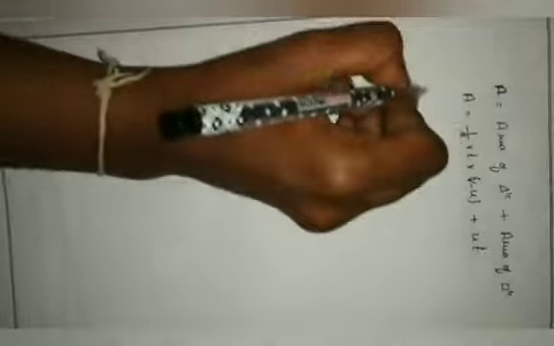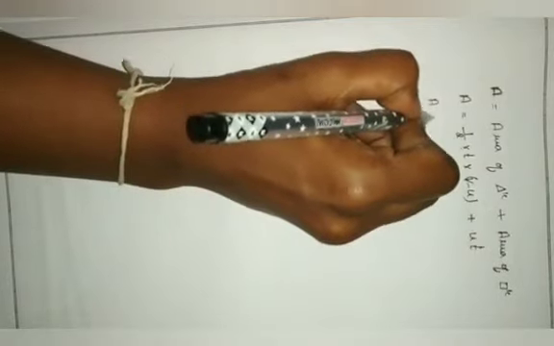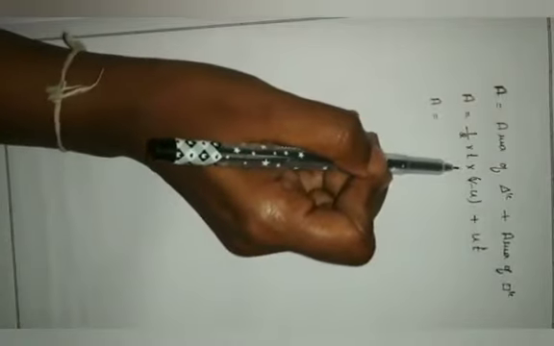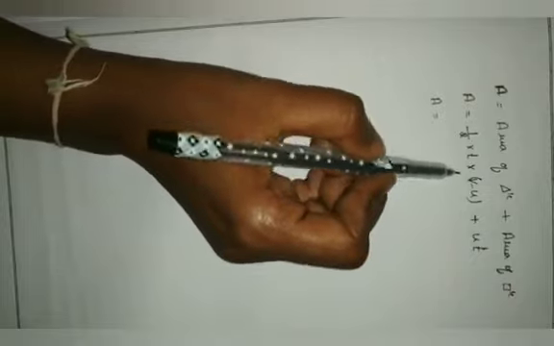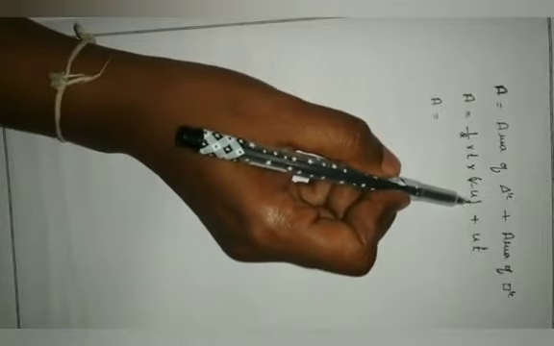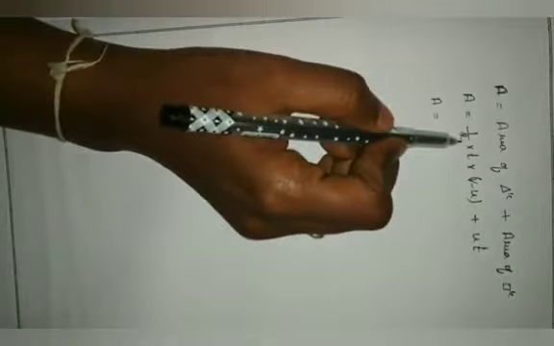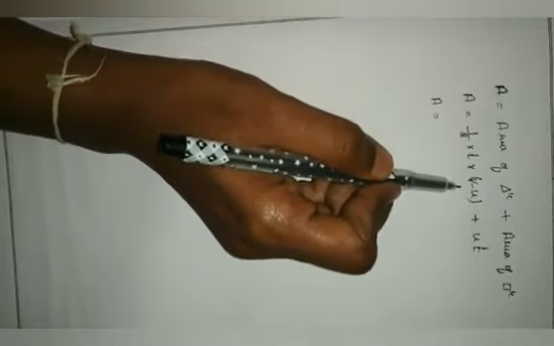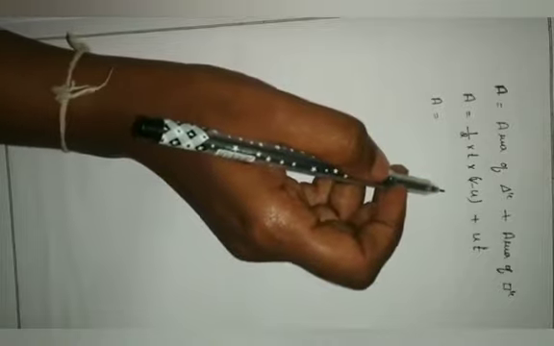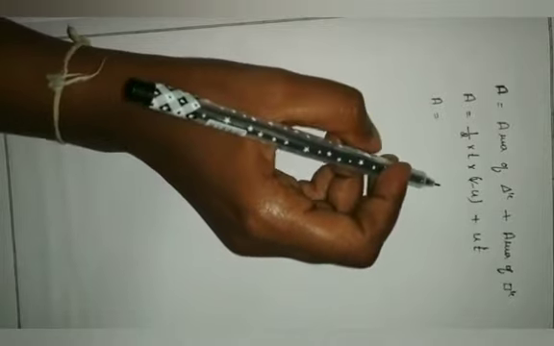For the first term, the area of triangle, we have to multiply and divide by t. If we multiply and divide with the same term, nothing changes.